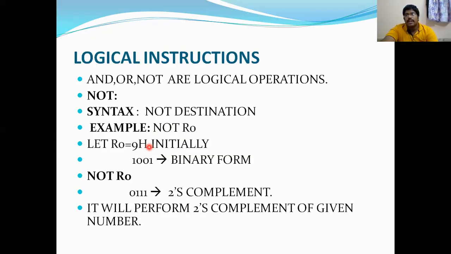Whenever I apply NOT, it performs the 2's complement on that given value and stores the result in the register we mentioned. That means it updates the R0 value with the 2's complement of R0. Initially R0 has some value, and when you write NOT space R0, it replaces this 9H with the value equivalent to the 2's complement of 9H.